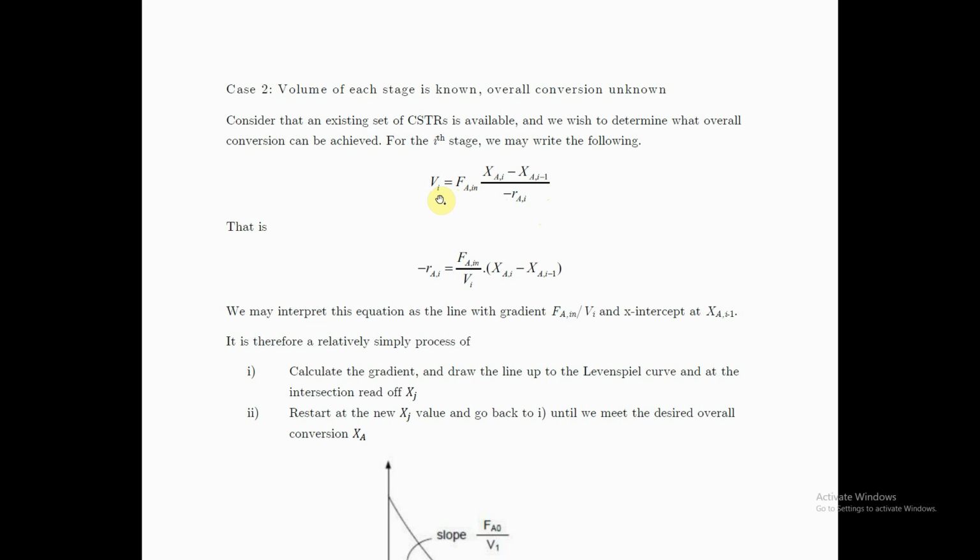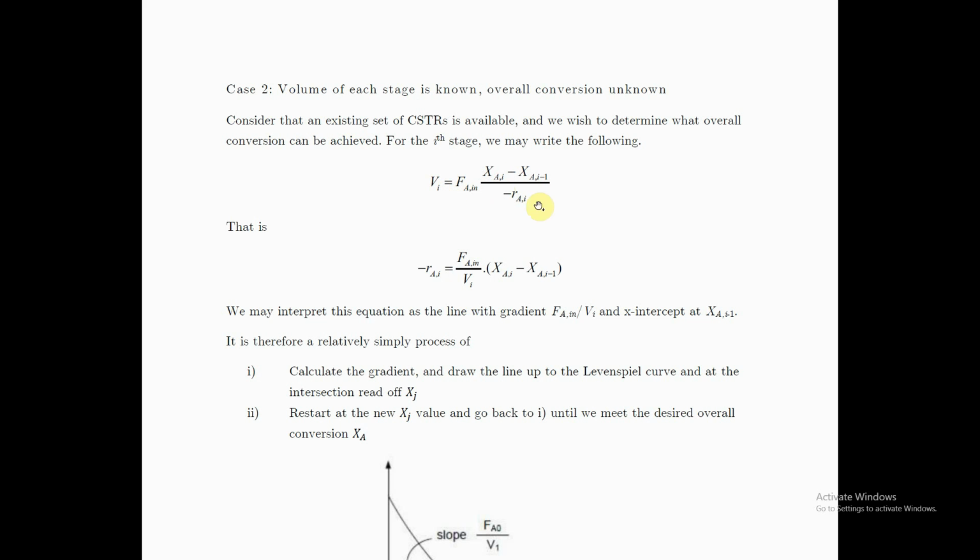And thinking about the ith stage in the train, there's going to be a certain molar flow into the ith stage, which is F_A0 times X_A,i-1, and then coming out of the ith stage is that one. So sorry, this is what's going in, and then that's what's coming out. So this higher conversion is what's coming out of the ith stage, and then this one is what's going in. So that difference is the molar flow rate, and then dividing by the rate tells us the volume of that ith stage.